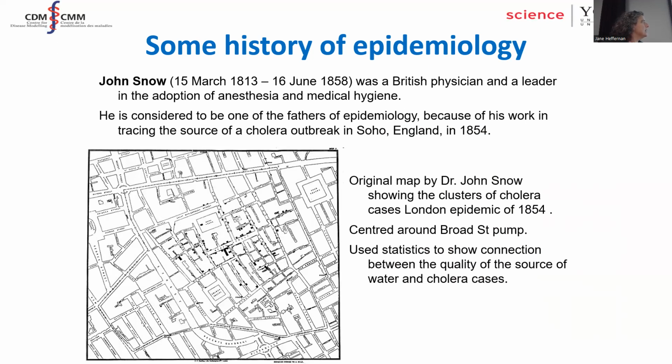So here is another example of a very early study in mathematical epidemiology by Jon Snow, not the Jon Snow from Game of Thrones, a different Jon Snow, where there was an outbreak of cholera in London, England.